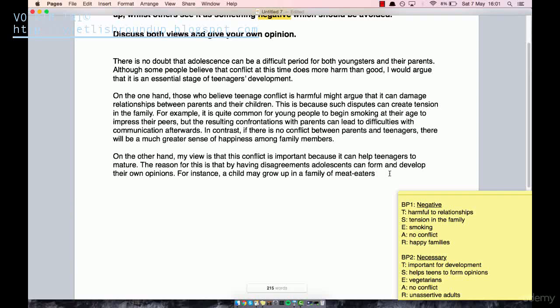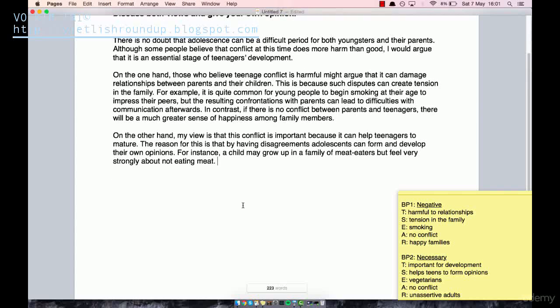So for instance, a child may grow up in a family of meat-eaters, but feel very strongly about not eating meat. Okay, now this is interesting because I've ended the sentence here, but I need to extend it. It's not enough. There's no idea here about voicing an opinion, about forming an opinion, about justifying it to yourself, about conflict. There's no conflict here. No conflict between people anyway.